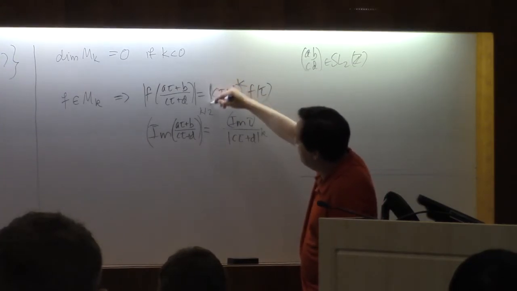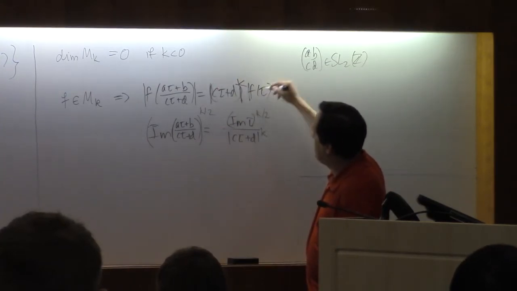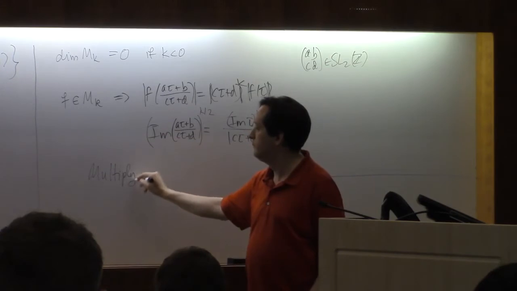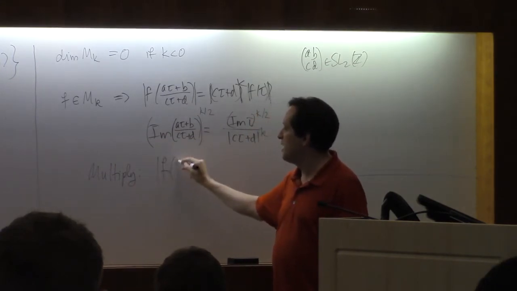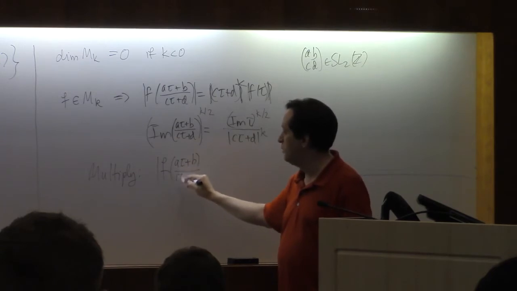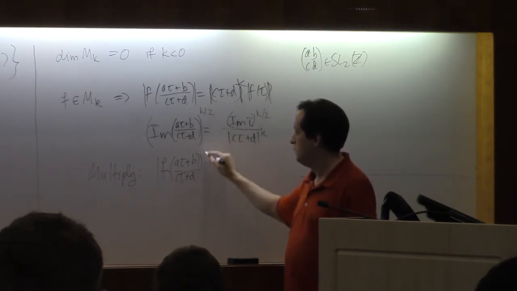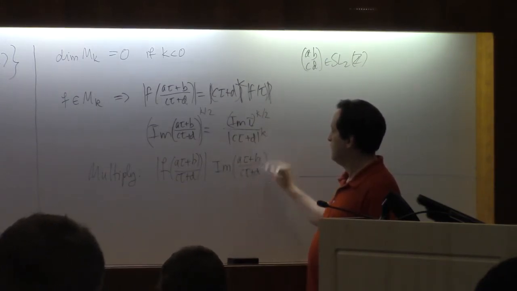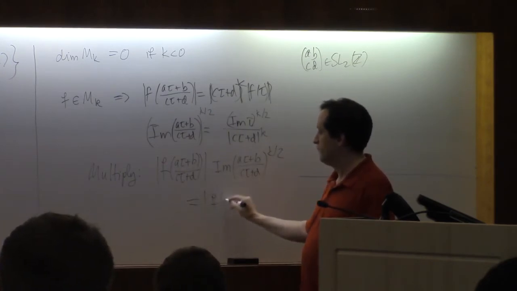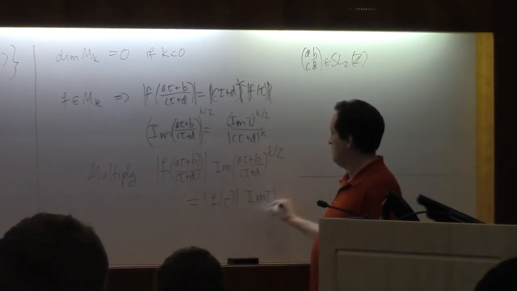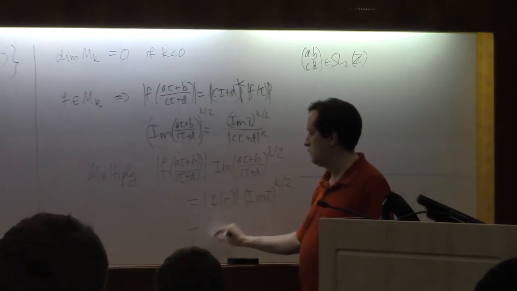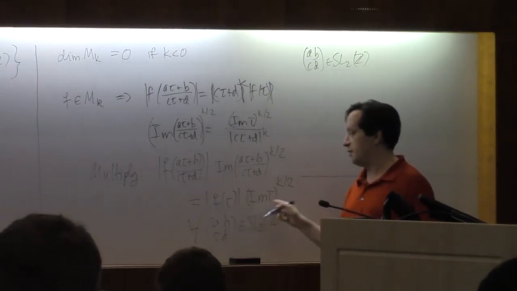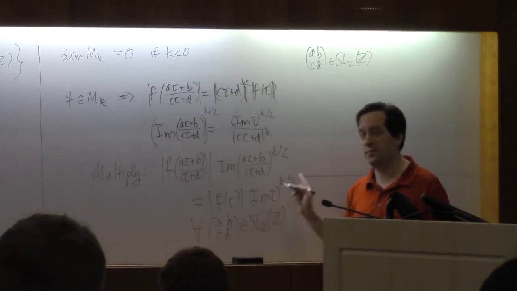Now when you multiply them, we see that the function absolute value of f times the imaginary part to the power k over 2 is actually an invariant function for the whole group, for all a, b, c, d in SL2Z.